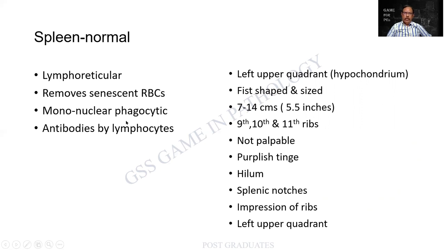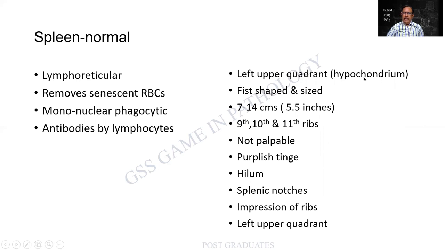It is also a fundamental part of the mononuclear phagocytic system, as a result of which phagocytosis is one of the most important activities. Last but not least, antibodies are produced by the lymphocytes. Lymphocytes will ultimately become plasma cells which produce the antibodies. So please do have this in one corner of your mind.